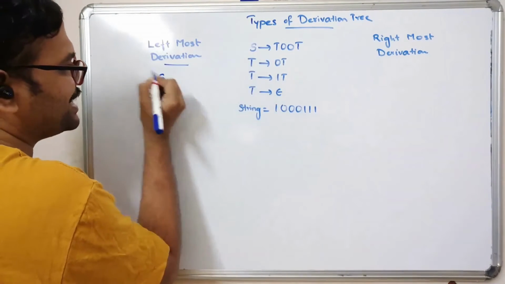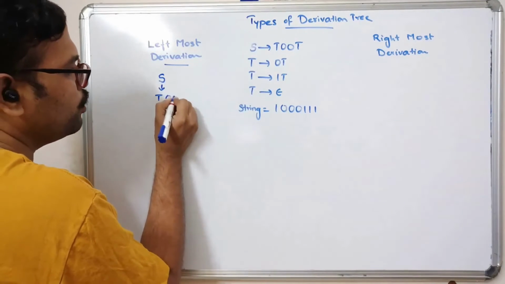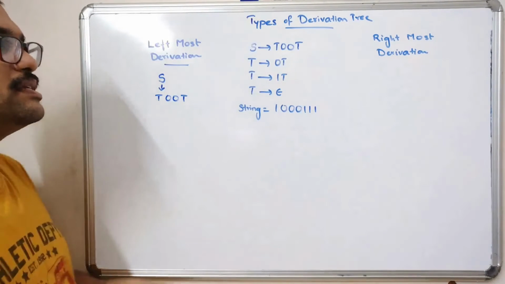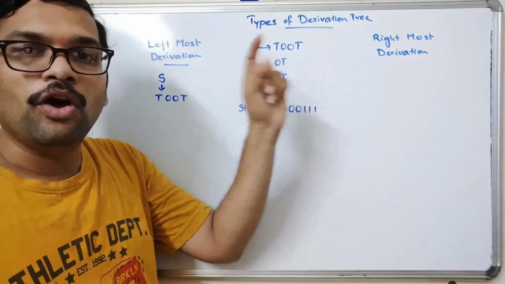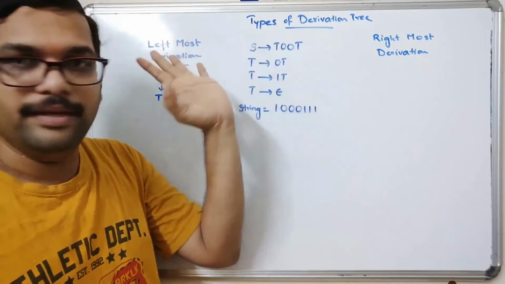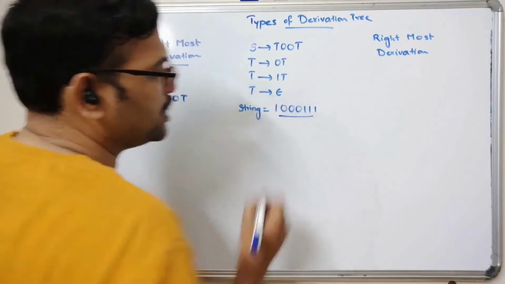It will start with S. S can be substituted with T 0 0 T. Here the terminals are 0 and 1, and non-terminals are S and T. We need to derive this string.